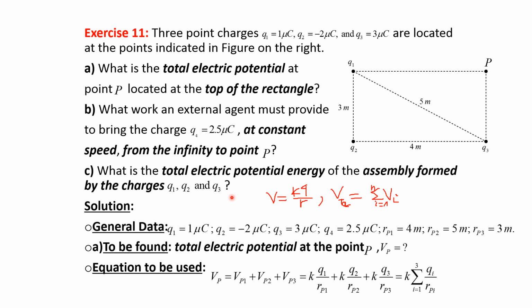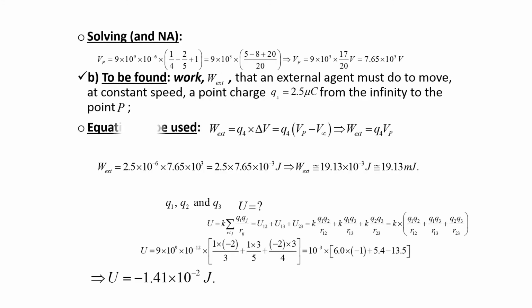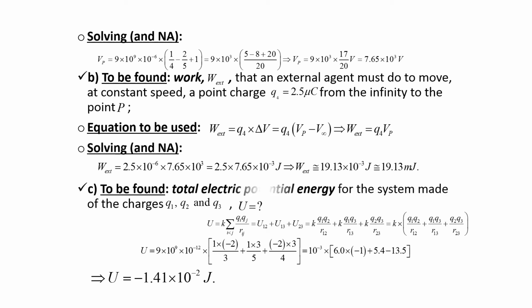This is the electric potential energy. And then here we need to explain the detailed solution, where the potential at point P equals K, 9 times 10 to the power 9. All the charges are in micro, so they are multiplied by 10 to the power minus 6, times 1 over the distance.